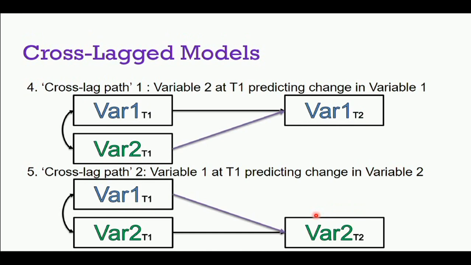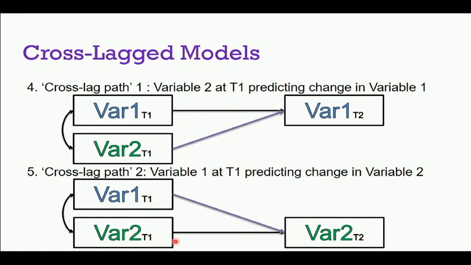Here comes 5 and 6. Sorry, my bad. The cross-lag path is the correlation between the DV, time 1 and time 2, controlling for the IV. And you also have the cross-lag path controlling for the DV at time 1 and the IV at time 1.